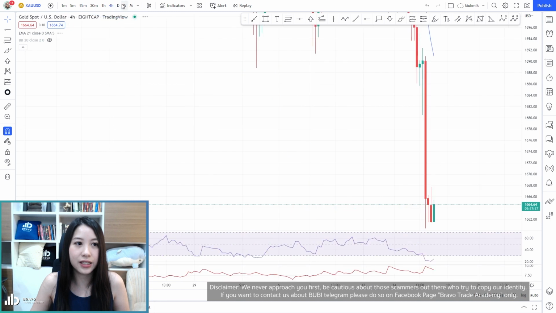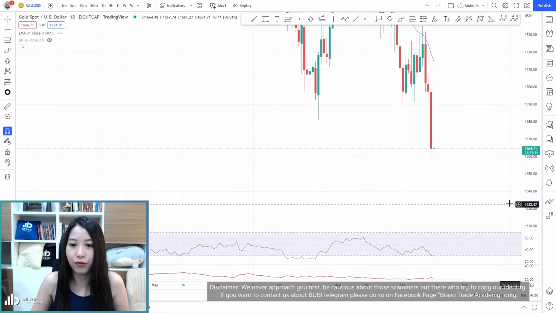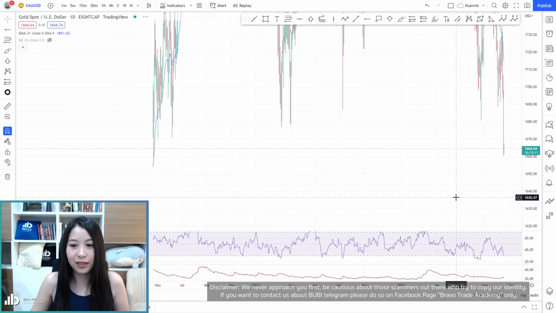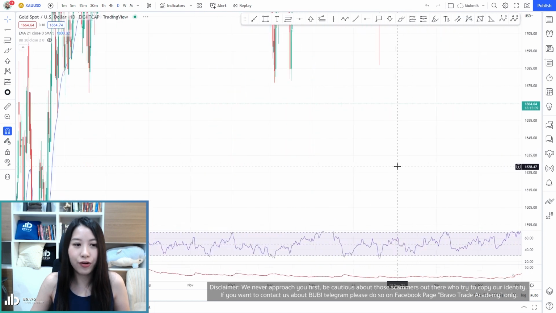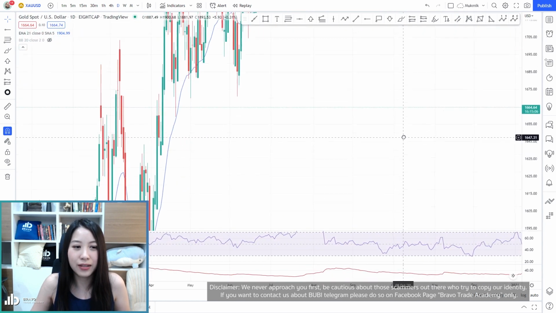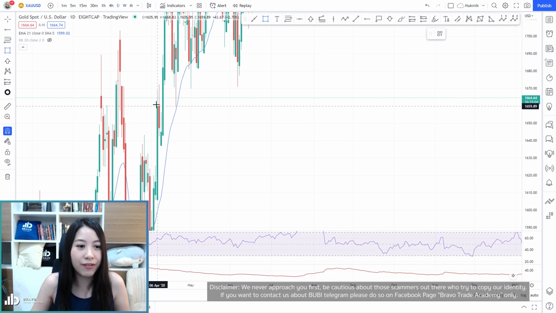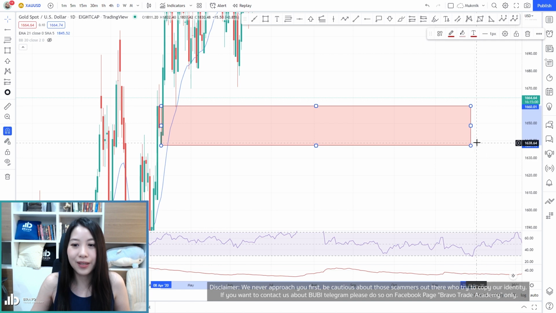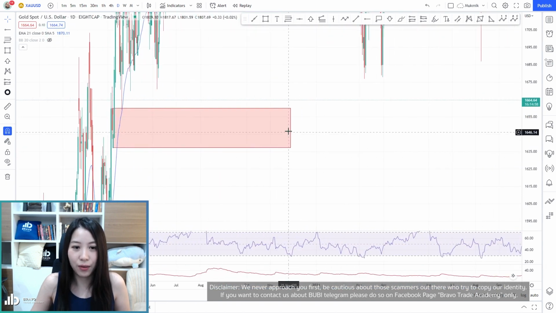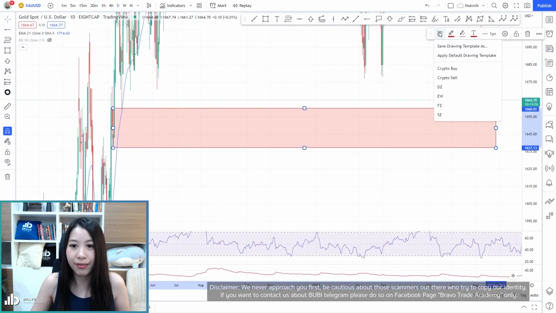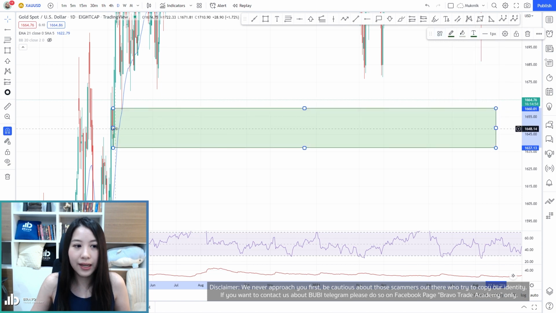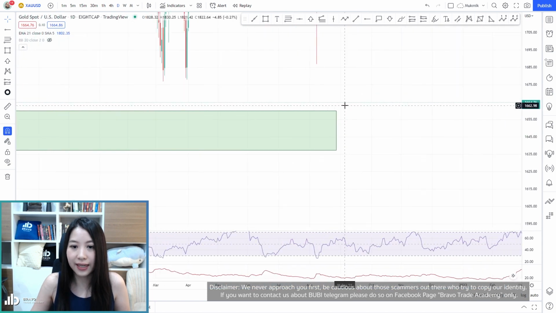So you need to start with the daily time frame again. Ooh, beautiful. If you remember, I guessed around 2 or 3 days ago in my video that the price would come to this demand zone of the daily time frame, which is at around 1660.